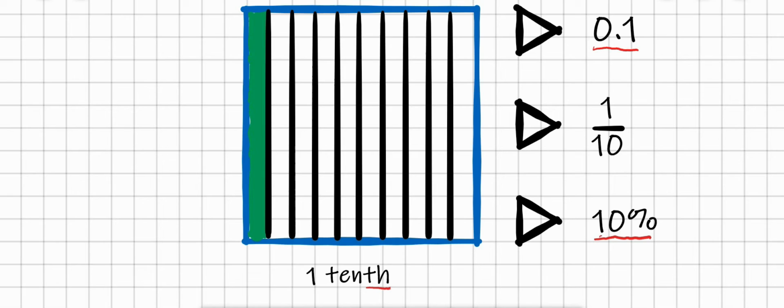When looking at place value in whole numbers, you have ones, tens, hundreds, thousands, but when you're going down in decimals, you have the whole number convention, but you always have a t or th underneath it. So it becomes tenths. The green bar that I've colored in is 1/10. We can write that in a decimal form as 0.1, in a fractional form as 1 over 10, or in a percentage form, which would be 10%.